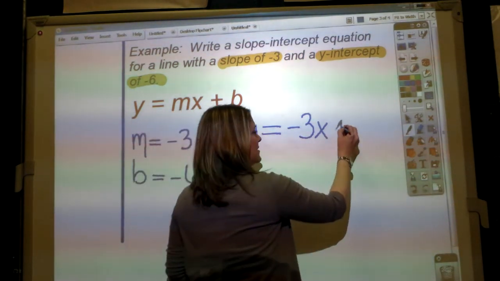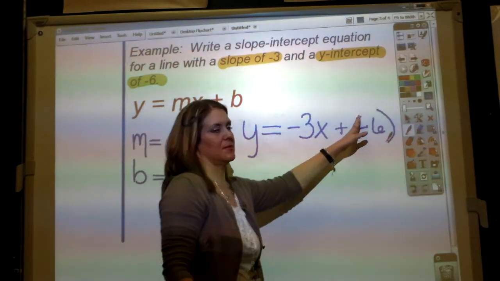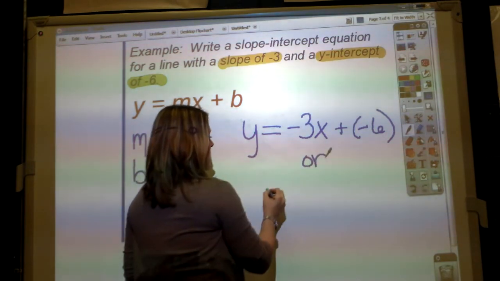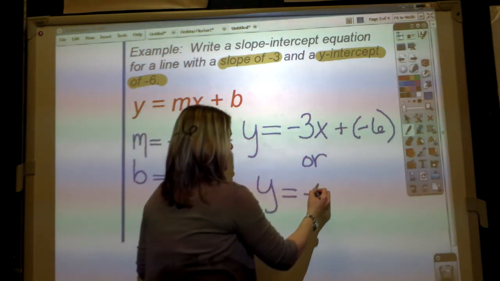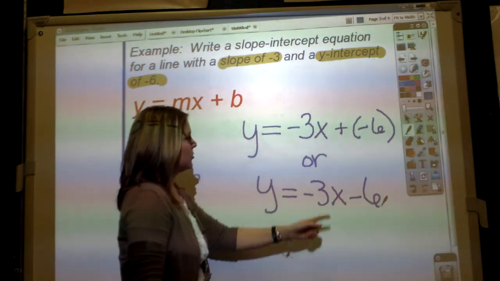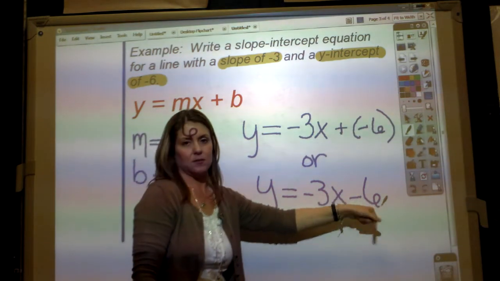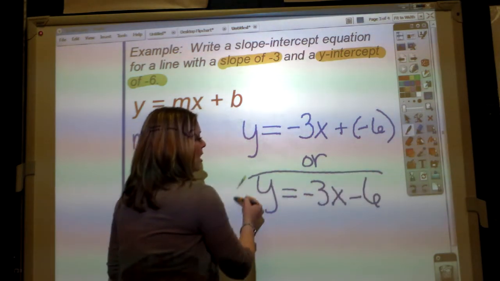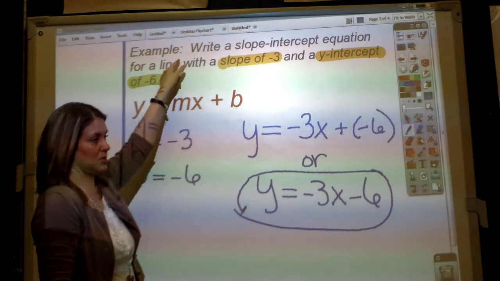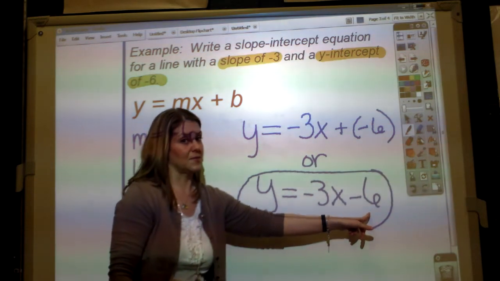Now, plus -6 is typically not seen. That's not simplified. When you add a negative, the best and simplified way to write that is just -6. So if your y-intercept is negative, just put it as a minus. This would be our equation to represent a slope of -3 and a y-intercept of -6.